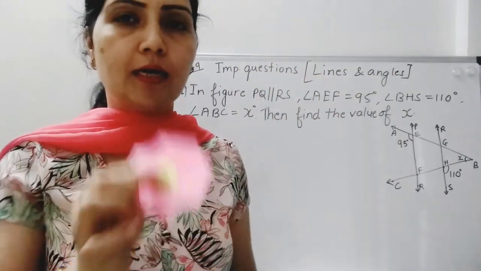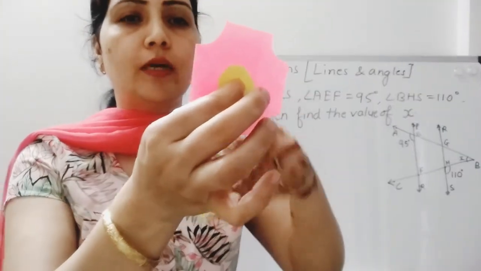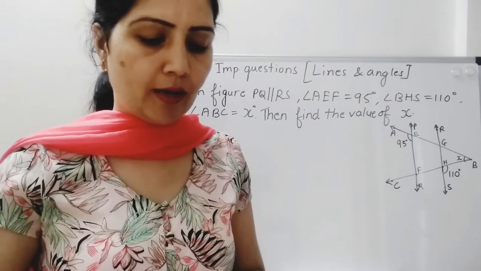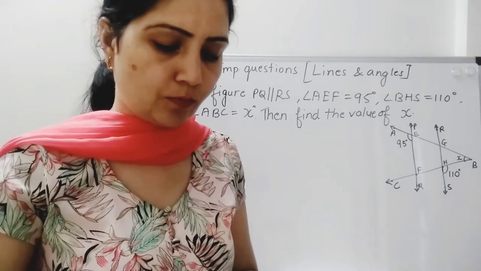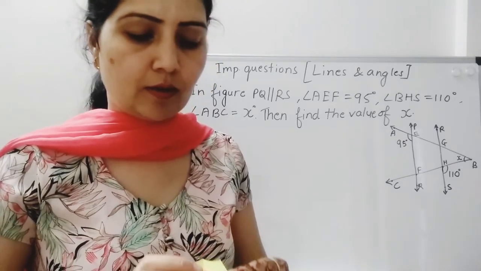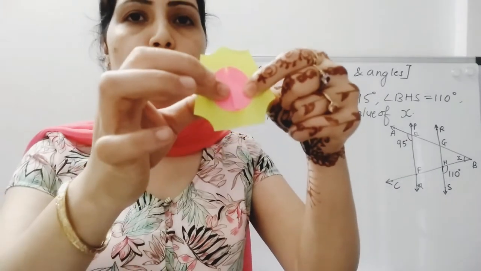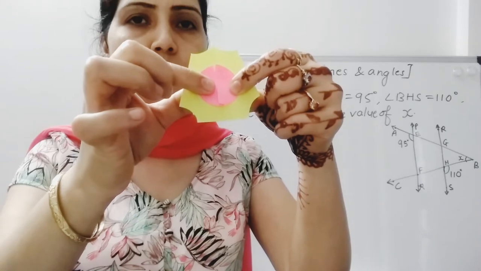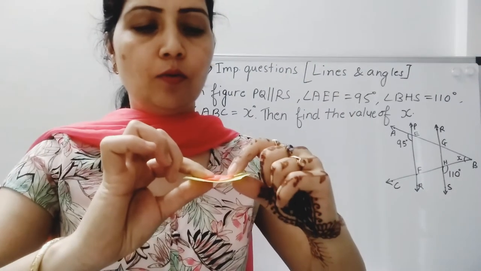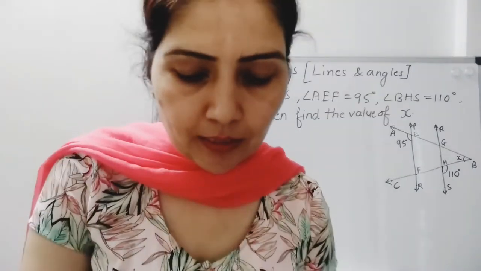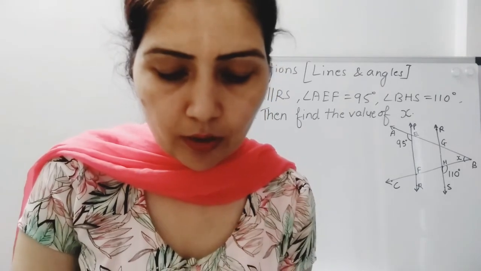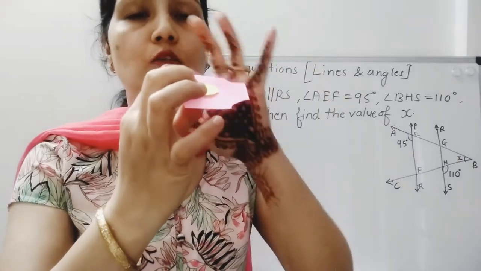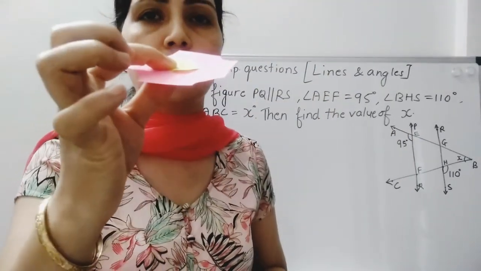When I cut the angles and arranged all of them, I got a proper circular shape, which shows that the sum of internal angles of a quadrilateral is 360. Then with the trapezium, again I got the same circular shape when I joined all the angles.